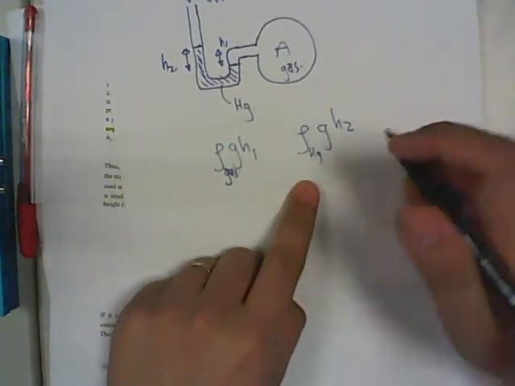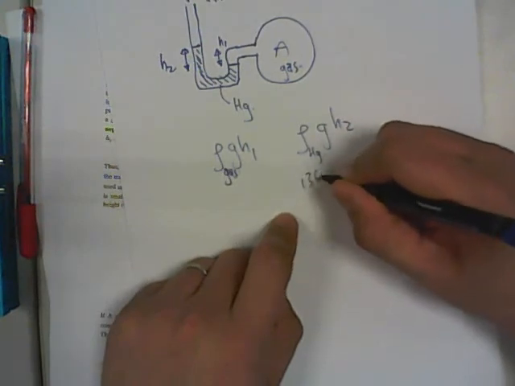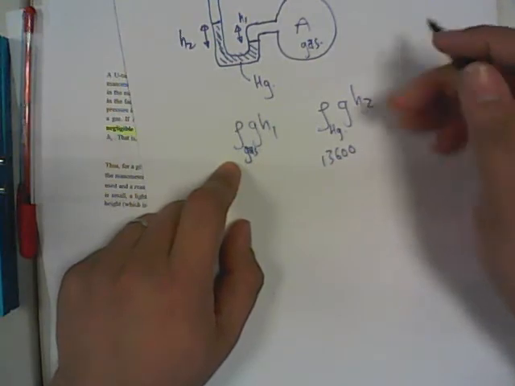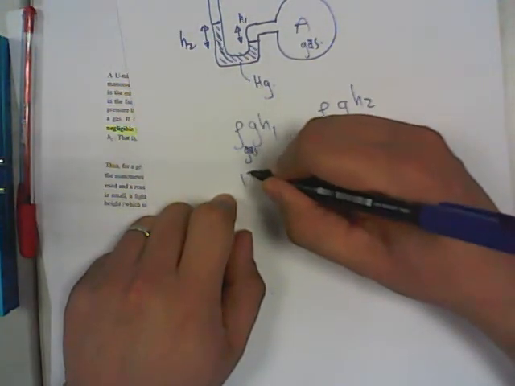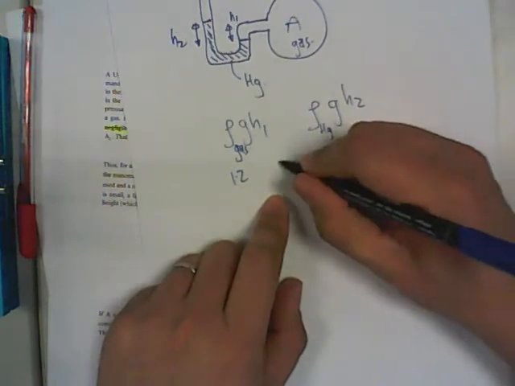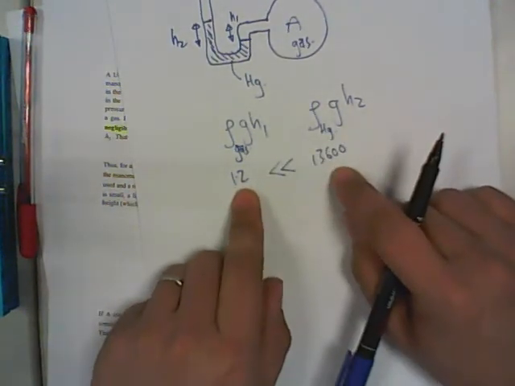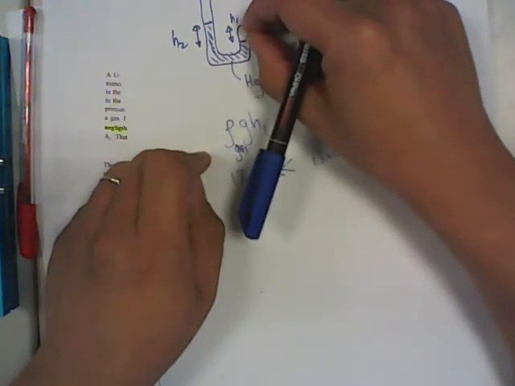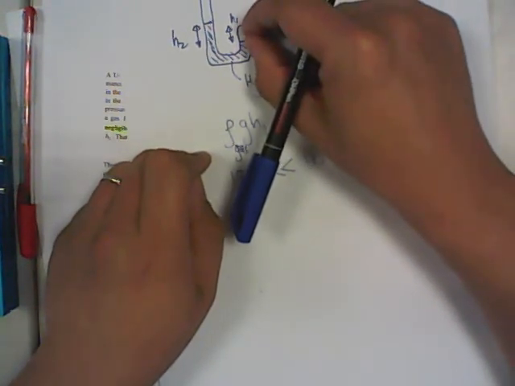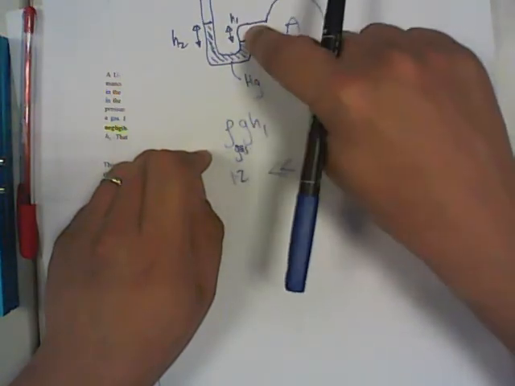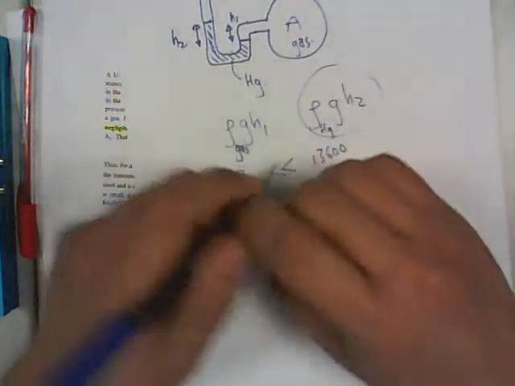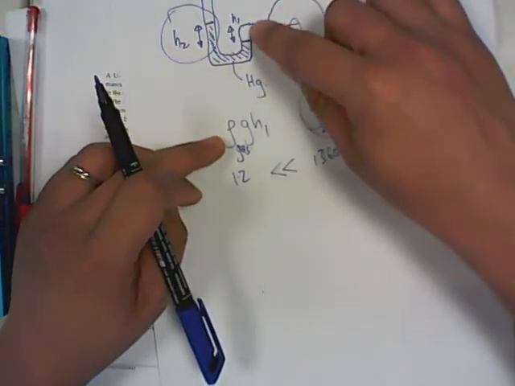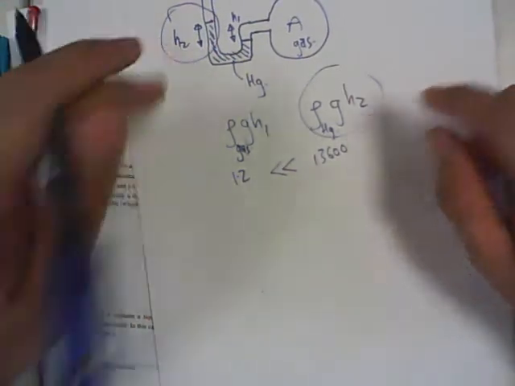If you compare between these two, the density of mercury is 13,600, but the density of a typical gas, for example air, is very small. So looking at this value comparison, you already know that this column of air will most likely contribute very little to the gauge pressure compared to what you see over here, meaning this one can be neglected compared to this one.